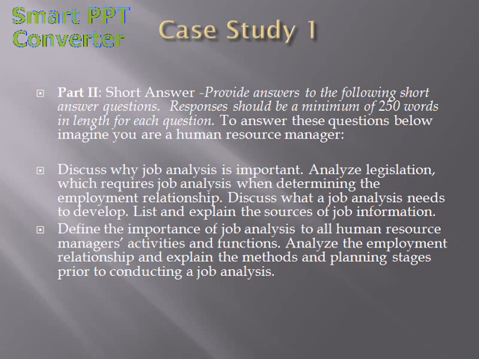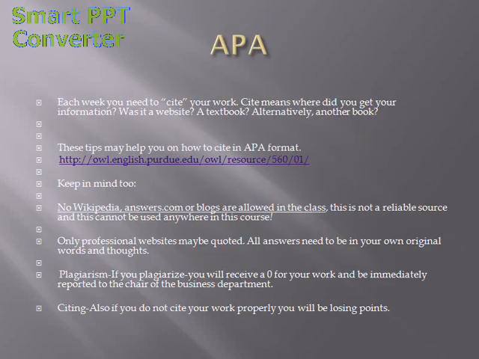Then you move on to define the importance of job analysis to all human resource managers, activities and functions, and analyze the employment relationship and explain the methods and planning stages prior to conducting a job analysis. The second portion does not relate to the first portion, so you do not have to cite the case that you discussed at the beginning. But for any answers or references you do use in either part 1 or 2, be sure you cite your work.